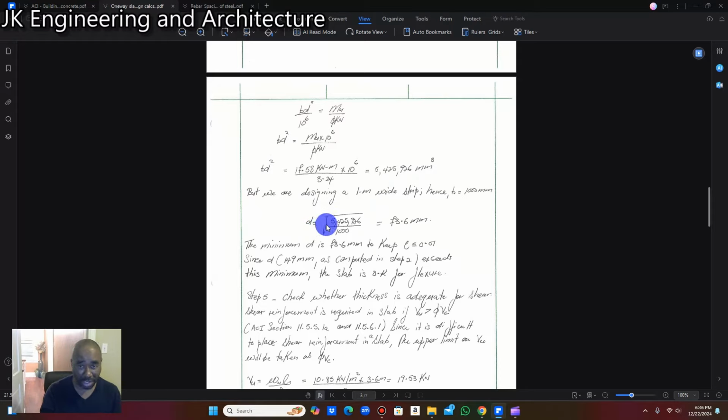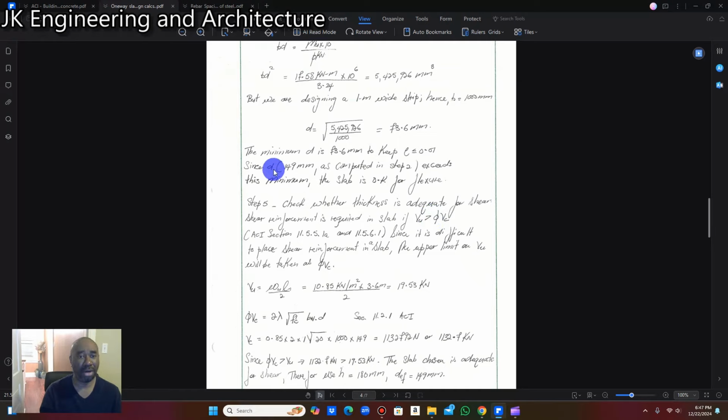We want to find D, so we find the root of this, then divide by 1,000 to bring it back to millimeters. When we work out D, the result is 73.6 millimeters. So the minimum D is 73.6 millimeters to keep rho less than or equal to 0.01.